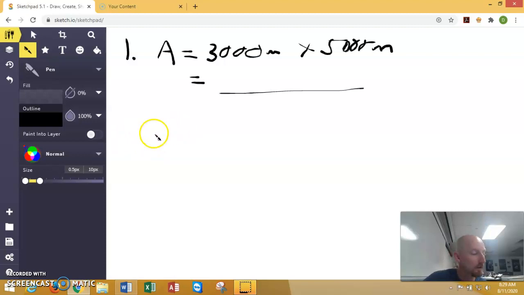And then the second thing you're going to do, pressure is equal to force divided by area. Right? And if you move that around, you can solve for force.